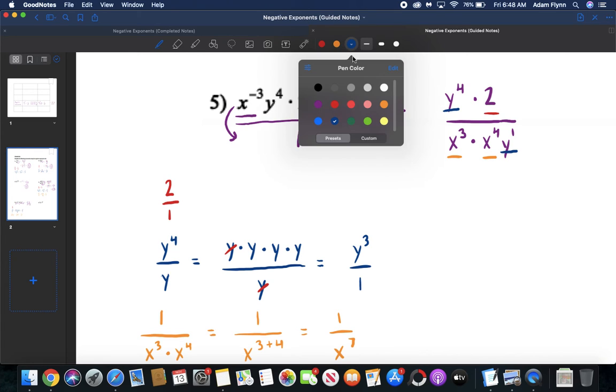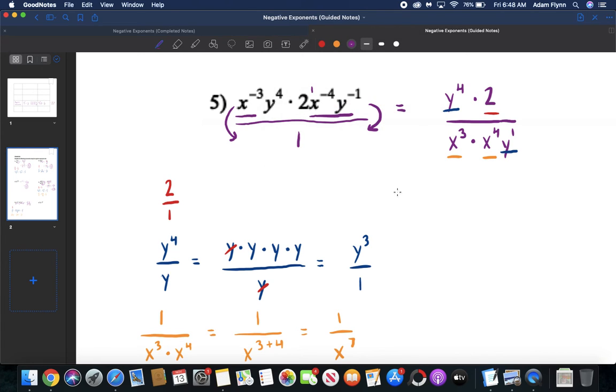Okay, in my modified fraction, I've organized everything. So I'm going to go ahead and write my final answer. So I'll make a big line. My red fraction, I had 2 over 1. For my blue fraction, I had y to the third over 1.